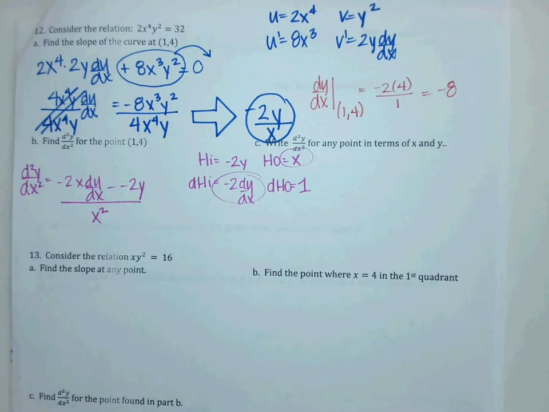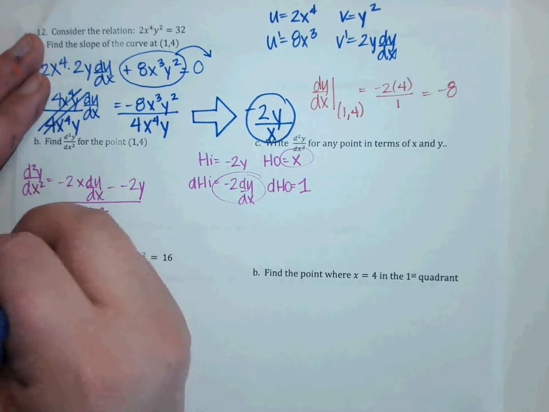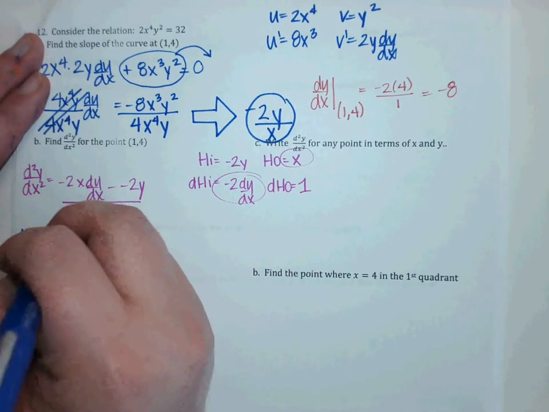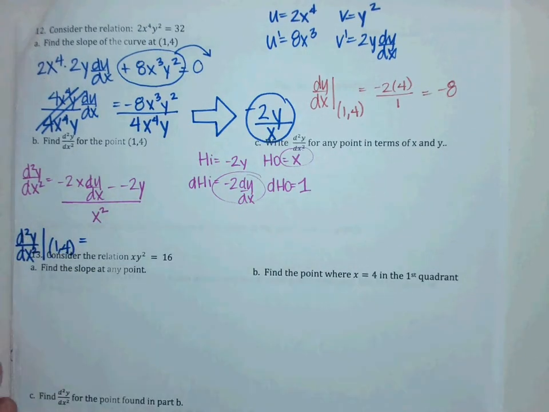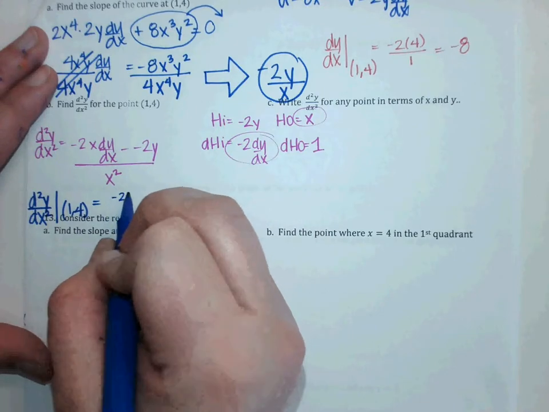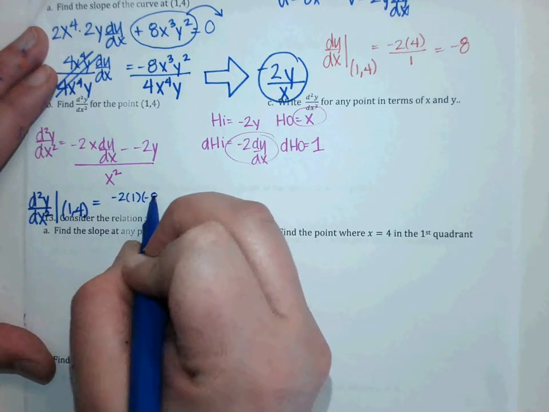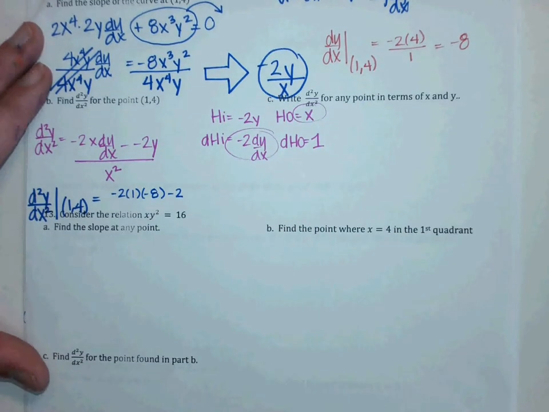From there, we're plugging in our ordered pair, which is what? (1, 4). What's our slope at that point? Negative 8. So it'll be d squared y dx squared at (1, 4) equals. And then you're plugging in. So it'll be negative 2 times x, dy dx is negative 8. Oh wait, and then what mistake did I just make?